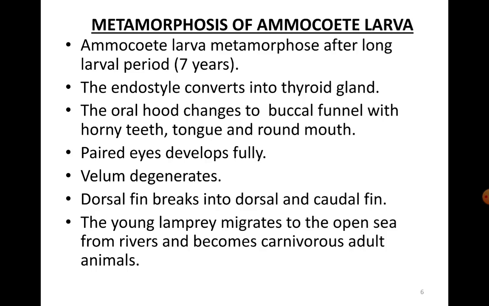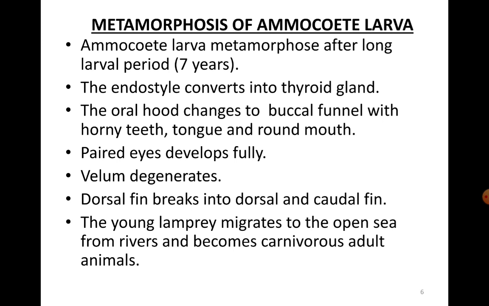Gills develop into gill pouches. The pronephros gets replaced by a mesonephros. Paired eyes become uncovered and functional. So an adult Petromyzon is not blind, it's only the larva that is blind.